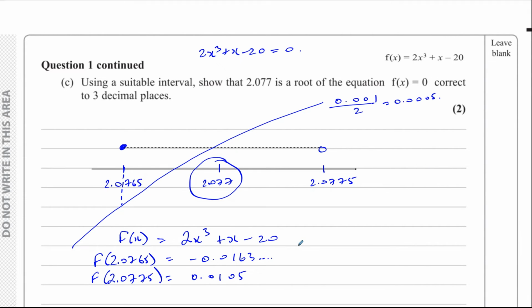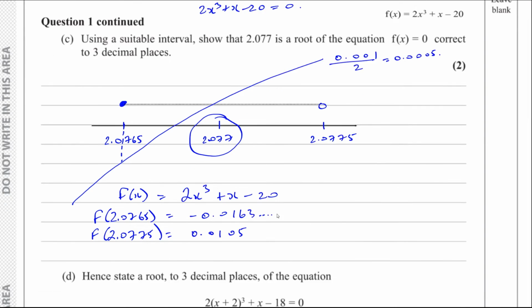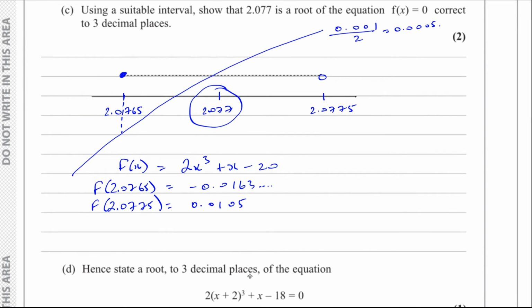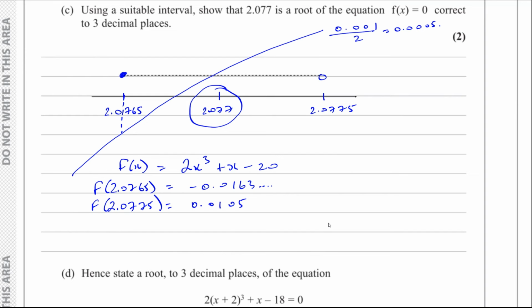Okay, so we can justify now that this is the root. We can say that x equals 2.077 is a root.